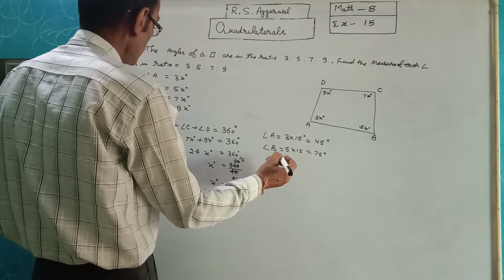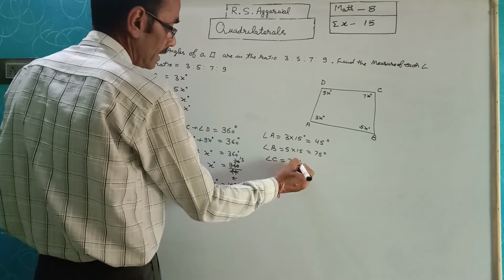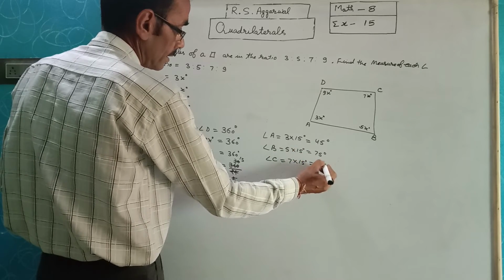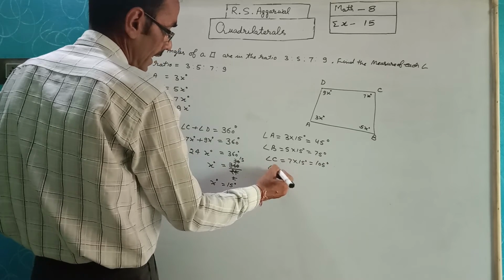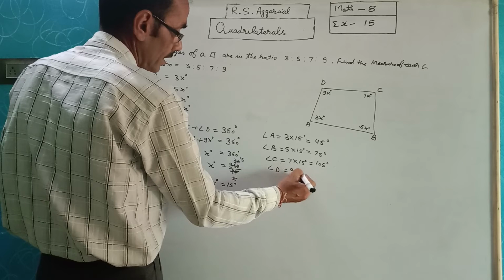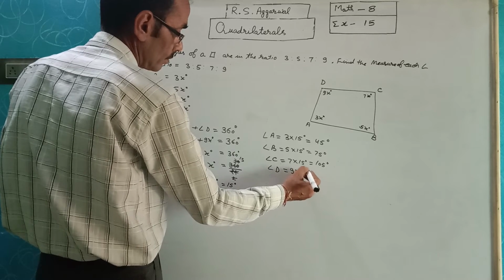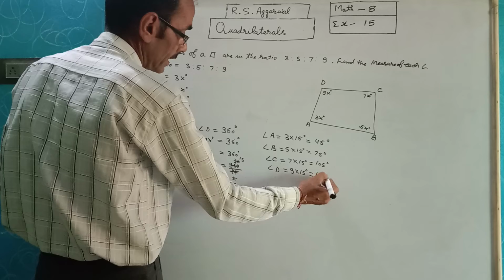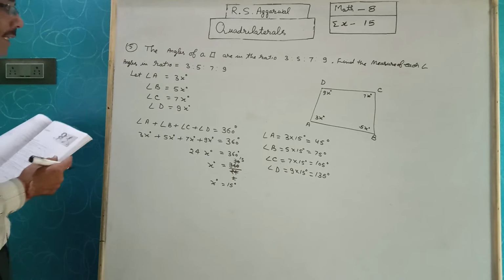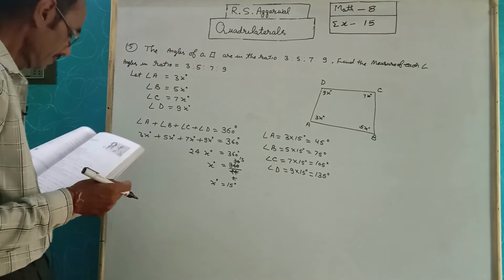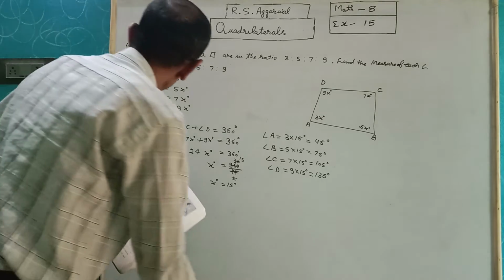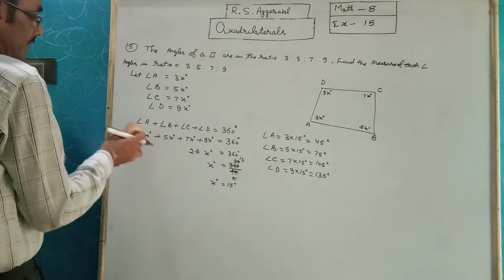Angle C will be 7 into 15 is equal to 105 degree. Angle D will be 9 into 15 is equal to 135. So we find all the angles of the quadrilateral ABCD. Question 5 is complete.